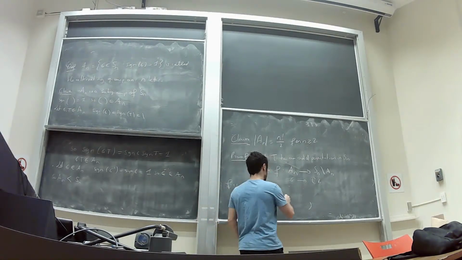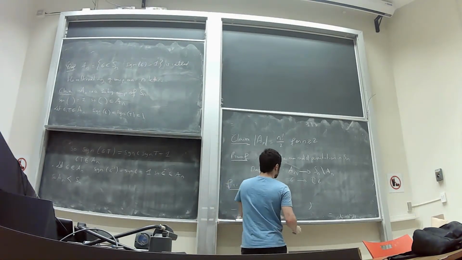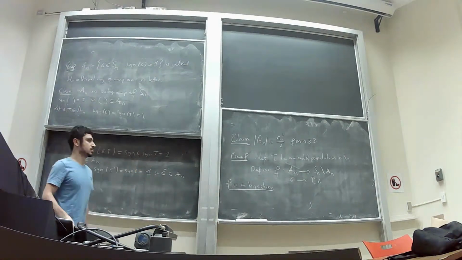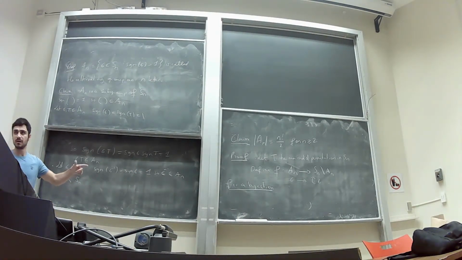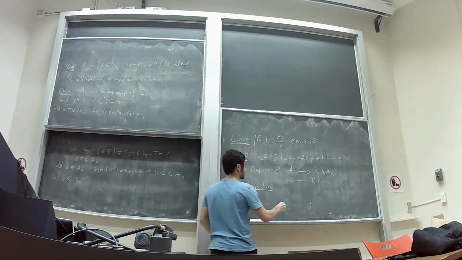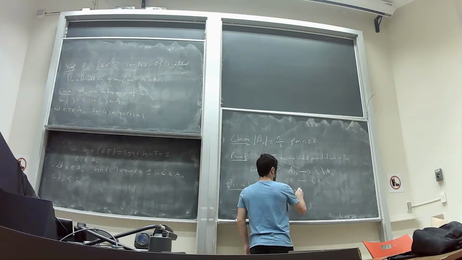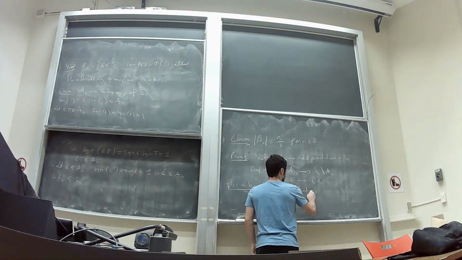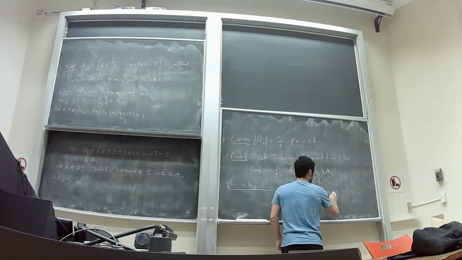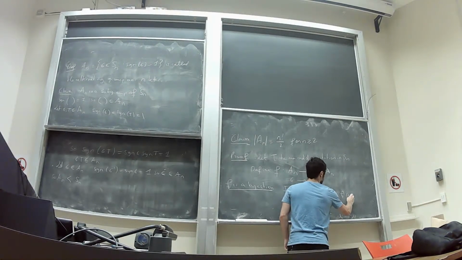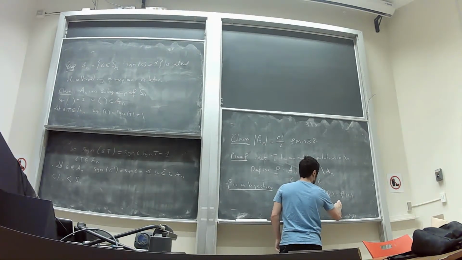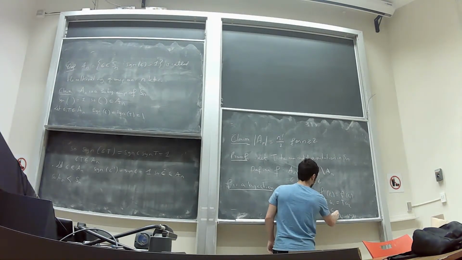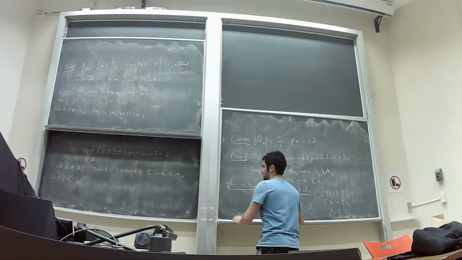I mean, we can just put the tau inverse in front and that's it. Exactly. So to prove f is injective: if f of sigma 1 is equal to f of sigma 2, then tau sigma 1 is equal to tau sigma 2, and sigma 1 is equal to sigma 2.